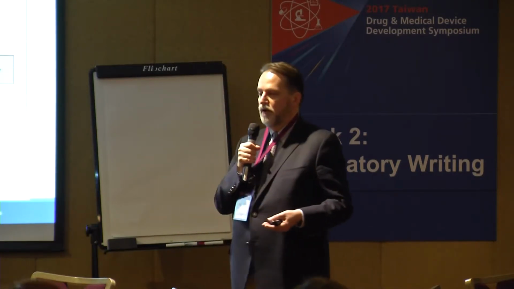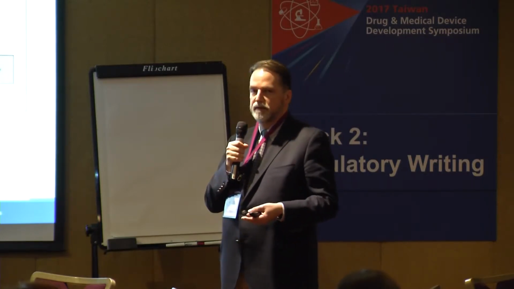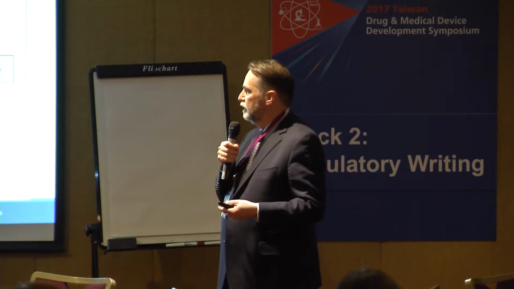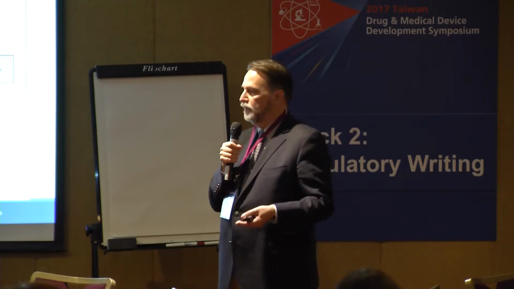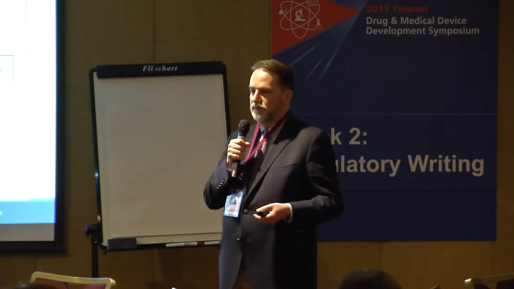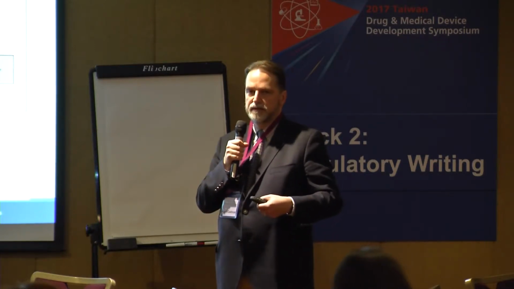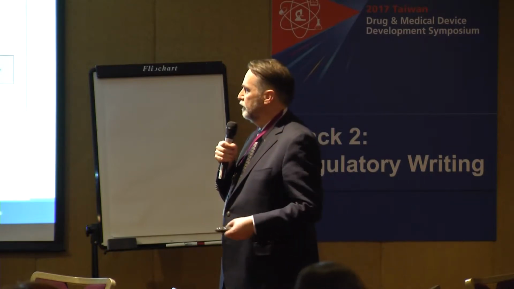So they'll review all this data that they get via the IB and the protocol and other supportive documents. They'll decide if the drug is ready to be administered to humans.